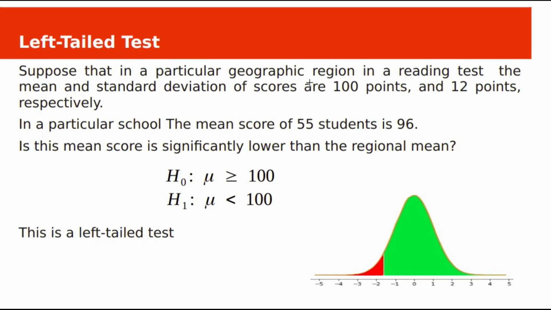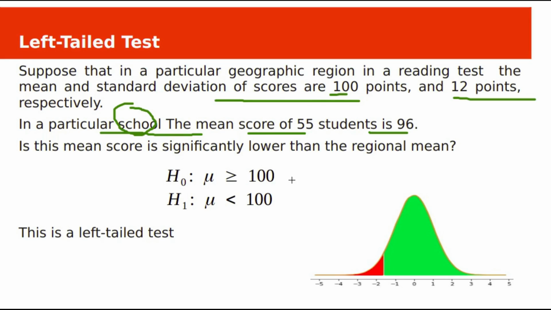In a particular geographic region, the test score mean is 100 points and the standard deviation is 12 points. In a particular school, for a sample of 55 students, the reading scores average 96. We need to test whether this school's students' average score is lower than this region's average.